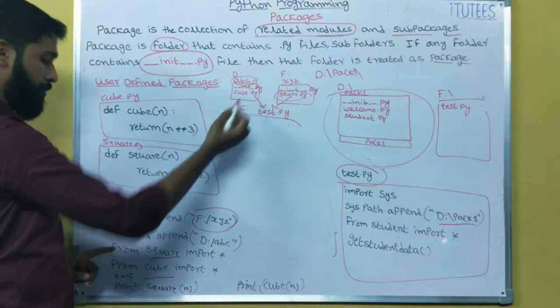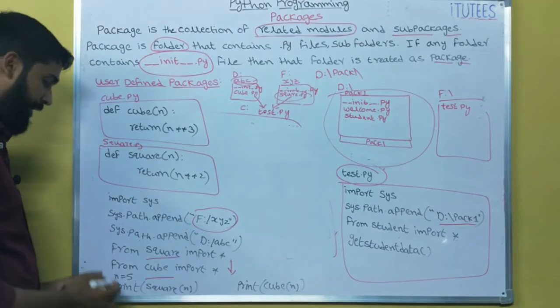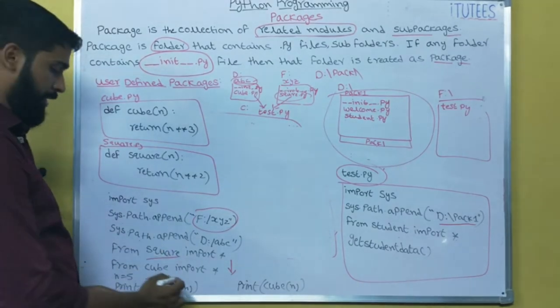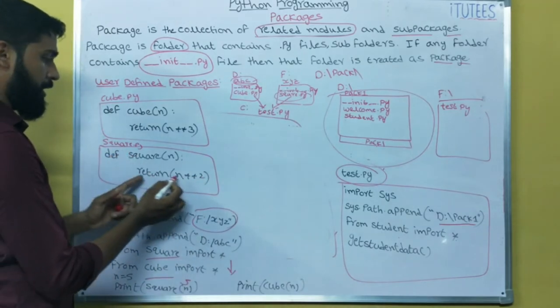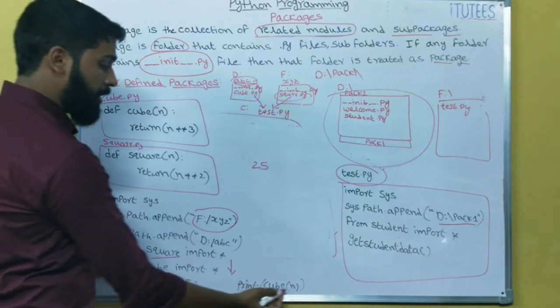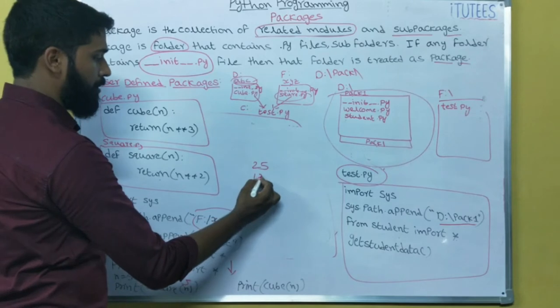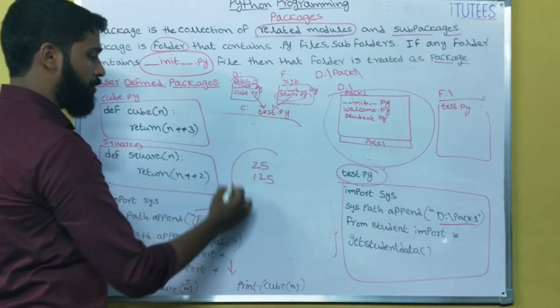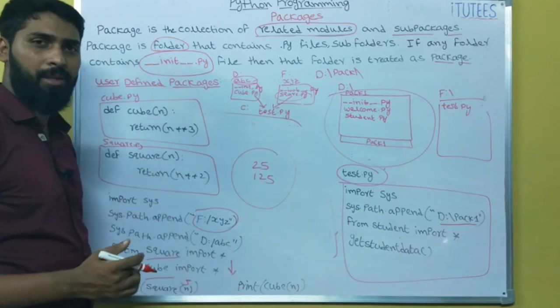Another one is cube, that is imported, and I can take n equals 5. So print square of n, that means square of 5. Square of 5 means n power 2, that means 25 is the output. And print cube of n, that means return n power 3, it prints 125. So this is the output. I hope you all understand how to create user defined packages in Python.